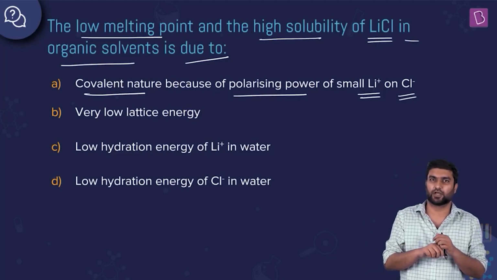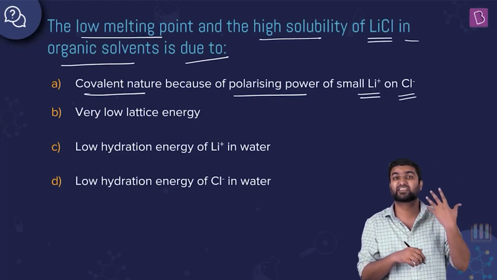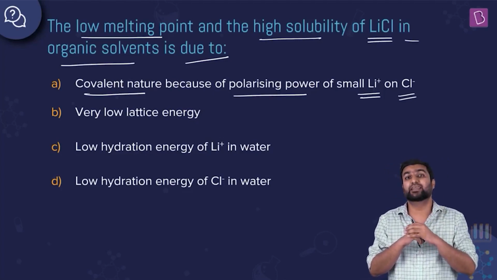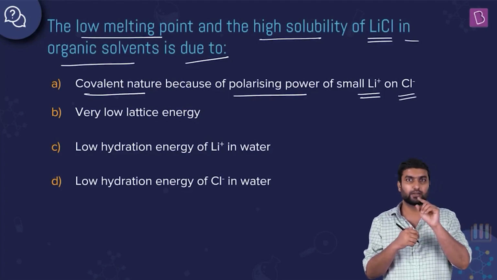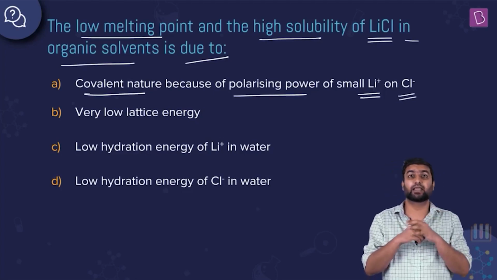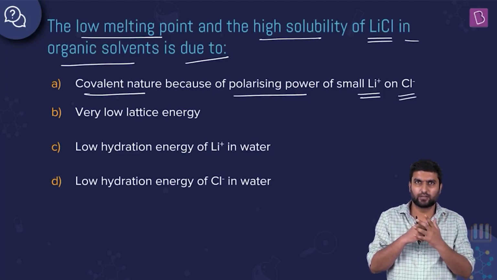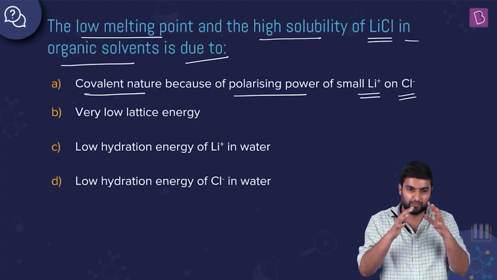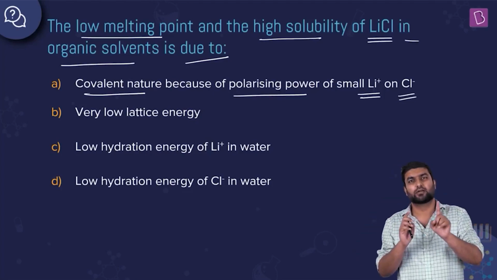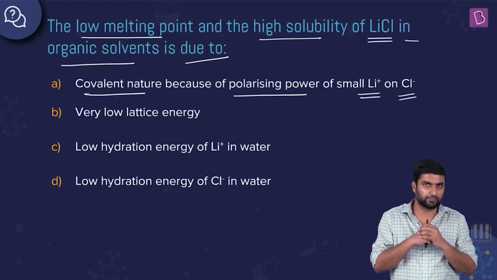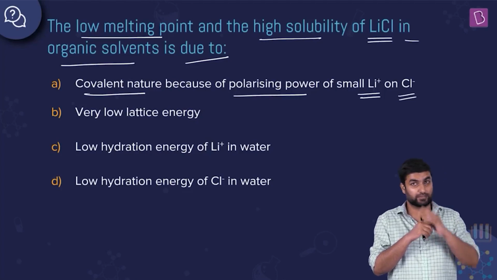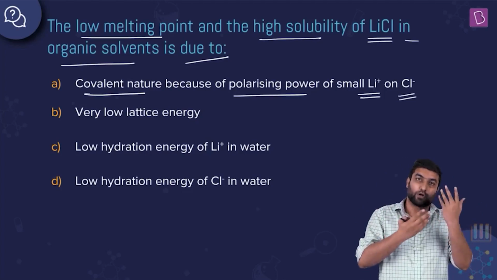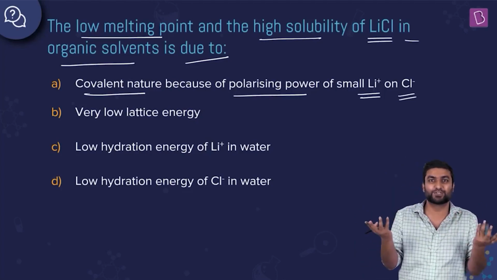What happens when that concentration of charge is brought in the vicinity of Cl-? Cl- is already a third period element, already quite large. Then you add a negative charge on top of it, and it becomes even larger, with a relatively poor Z effective compared to Li+, which has a 1s2 configuration, having gone to the first period.